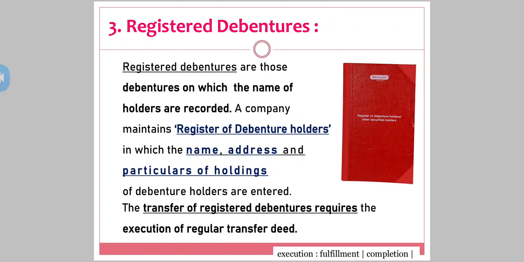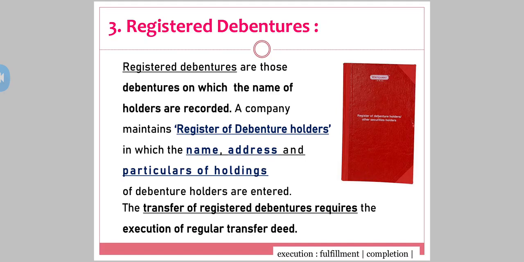Your third comes as registered debenture. The word registered itself says that there is something in writing. Now see here, you can see a register. Just like your attendance register, when you take admission in any class, a proper register is maintained. Now in your register, it's just an example, you have all your important details, right?